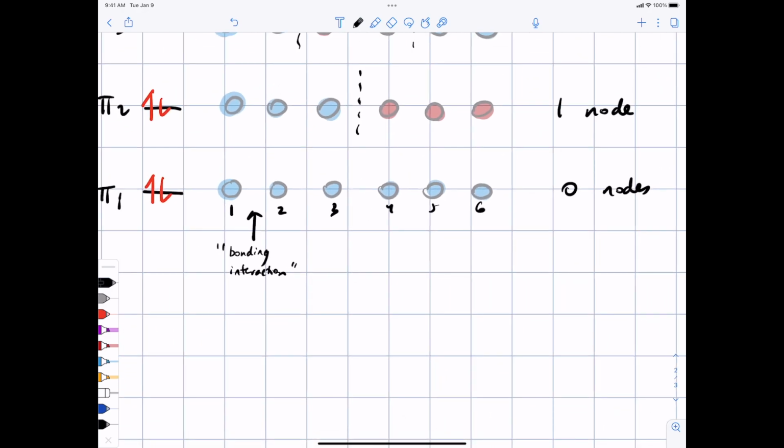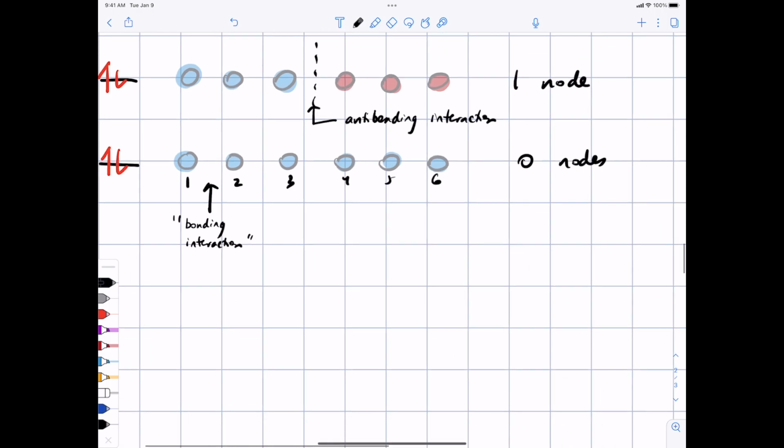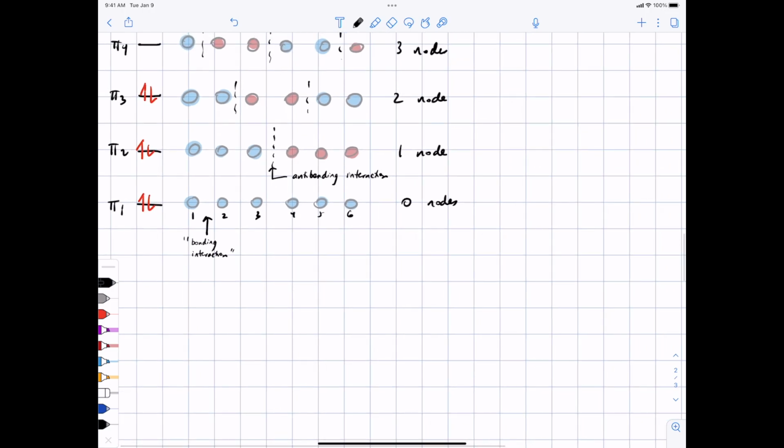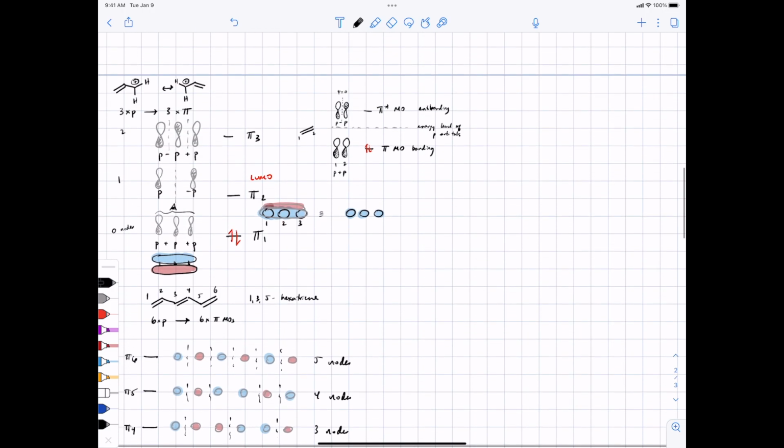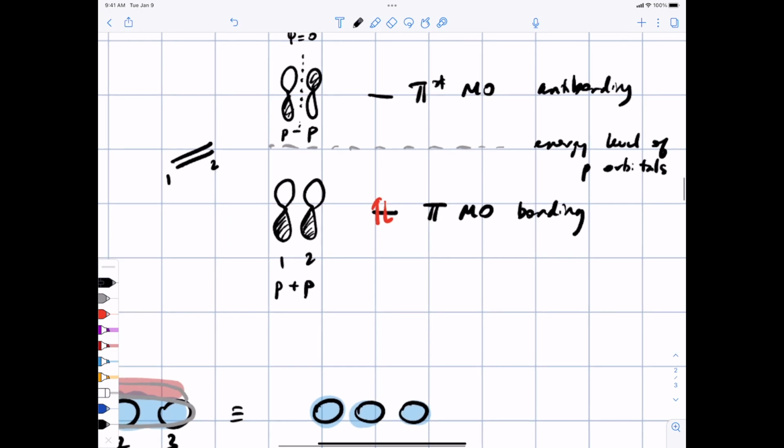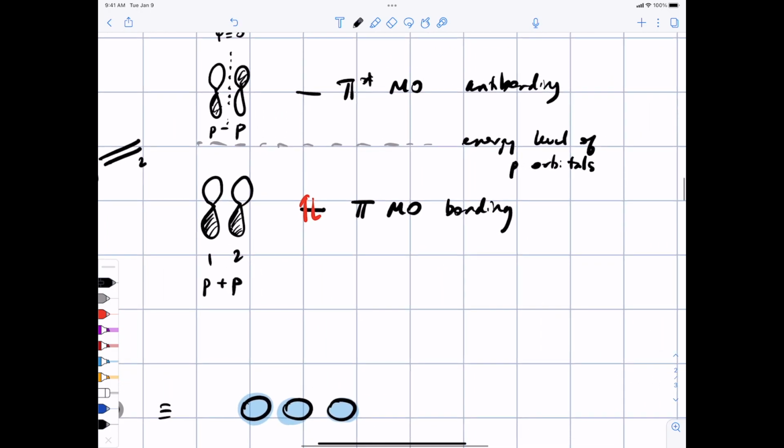Whereas if you're going to have 2 orbitals adjacent to each other with the opposite wave function sign, we're going to call that an anti-bonding interaction. Okay? So, going back to our pi and pi star, we would say that our pi molecular orbital here has one bonding interaction.